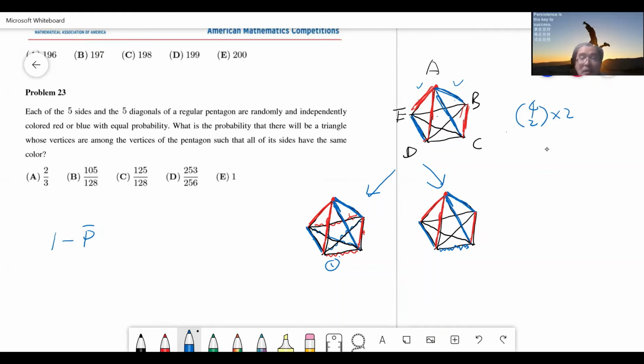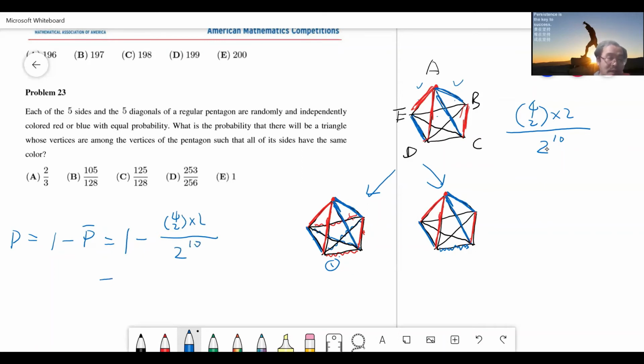The probability: total will be 10 edges, and each one has 2 colors. So the total is 2 to the power 10, right? So P now is equal to 4 choose 2 times 2 over 2 to the power 10. Then the final probability is 1 minus P now, that's 1 minus 4 choose 2 times 2 over 2 to the power 10, right?